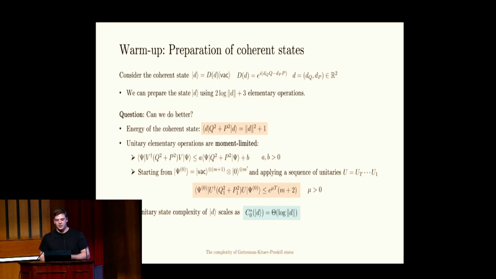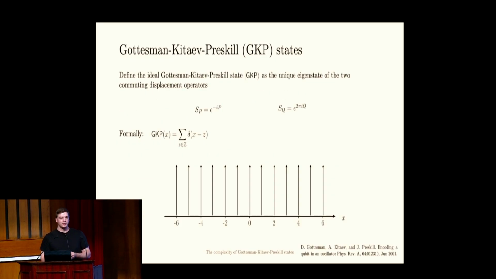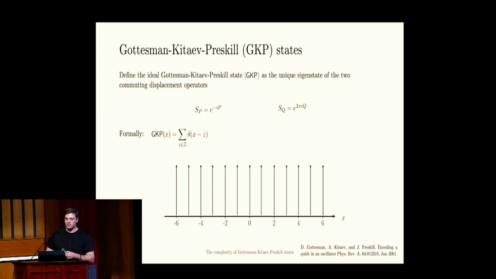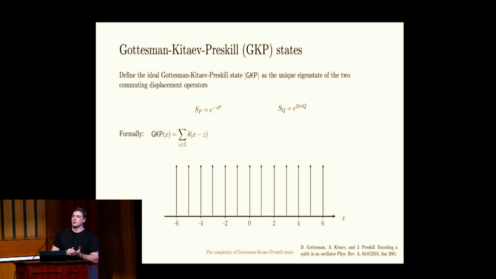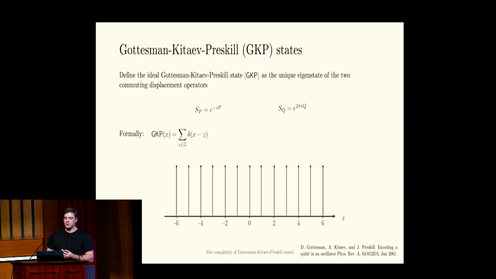Okay, so with this in mind, we can turn to a more complicated, namely a non-Gaussian state, the so-called GKP states. Formally, they're defined as the unique eigenstate of the two displacement operators, SP and SQ, so a shift by 1 in position and a shift by 2 pi in momentum.